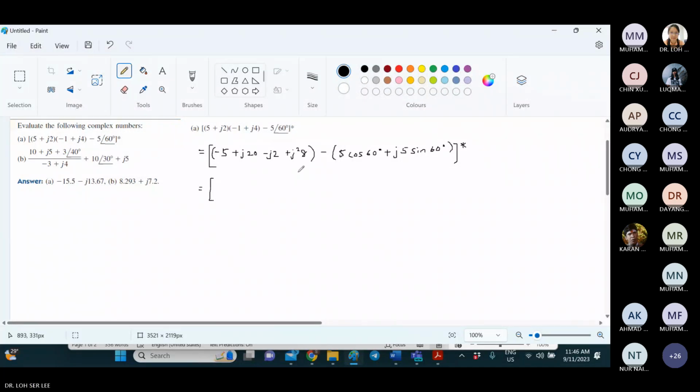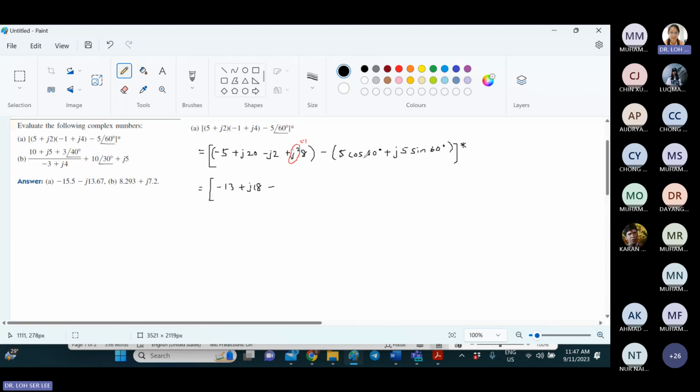Okay. So this is -1. Okay. -1. So -8 minus 5, -13. This is plus j18 minus, okay, this one.